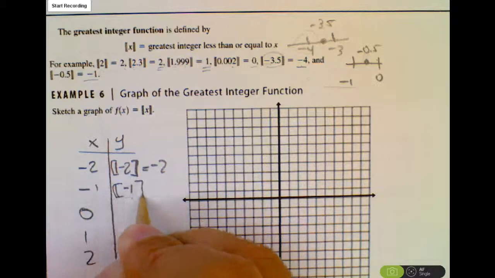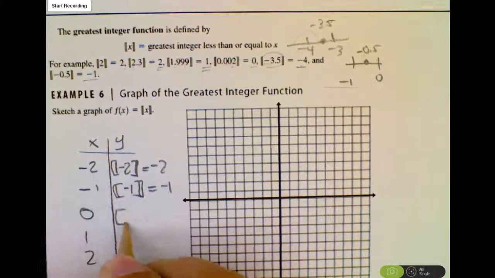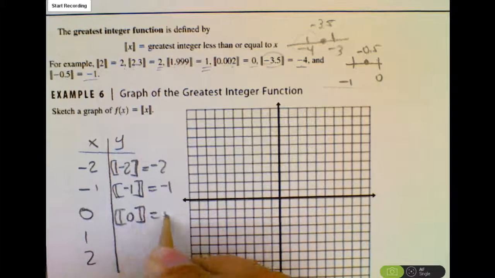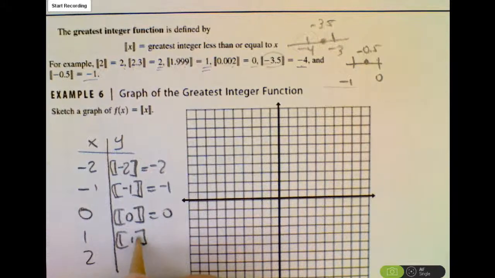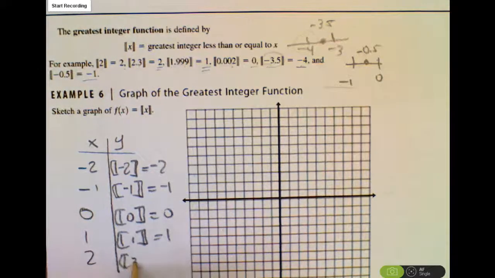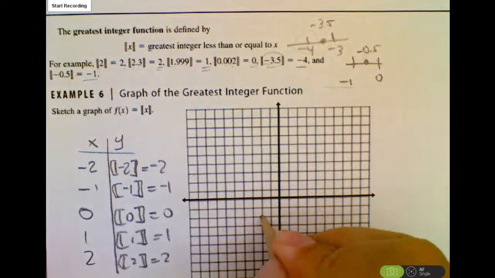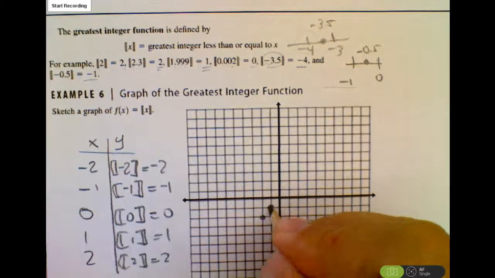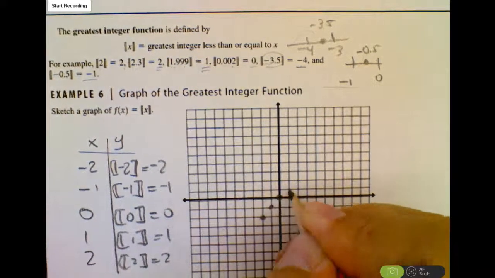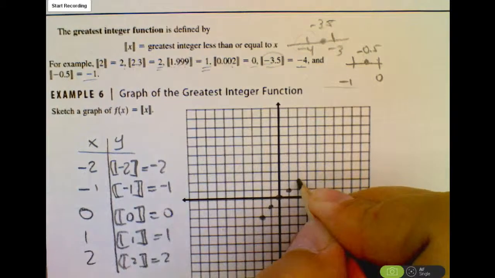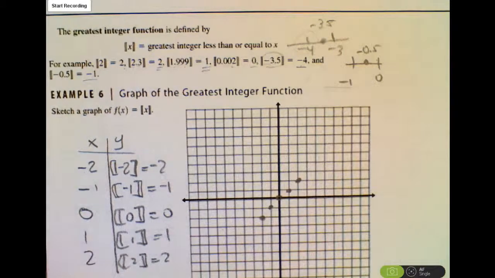Greatest integer of -1 is going to be -1. Greatest integer of 0 is 0. Greatest integer of 1 is 1, and greatest integer of 2 is 2. When I plot those values, then it looks like it's going to form a straight line. But that's not going to be the case, and we're going to talk about that in a minute.